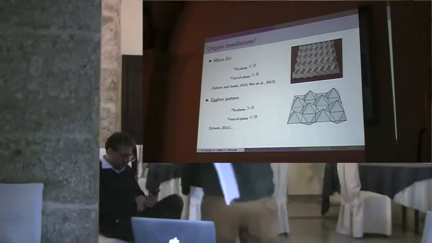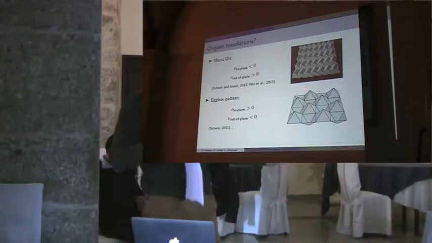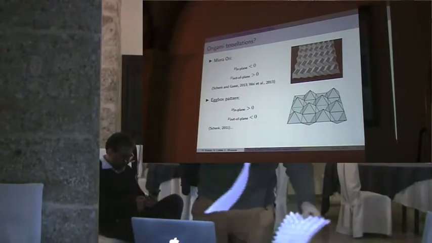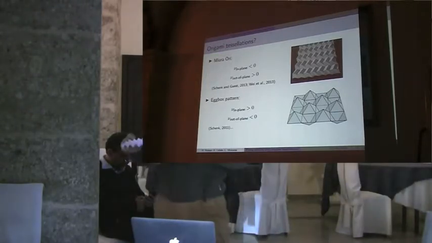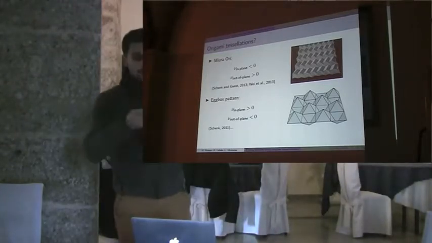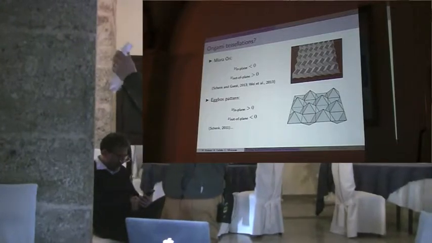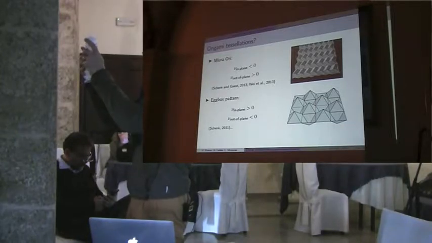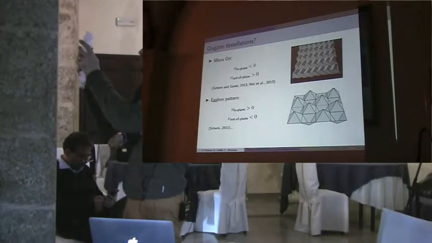And this was proved in rather recent papers. And I will be more interested in another one, which is the eggbox pattern. And this one is also flat foldable. And if I stretch it, you see that the in-plane Poisson's coefficient is positive. It is a classical behavior.